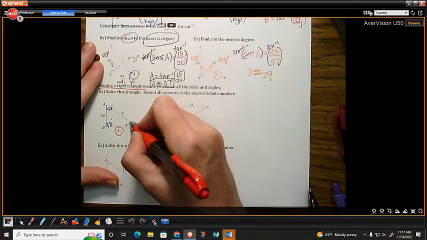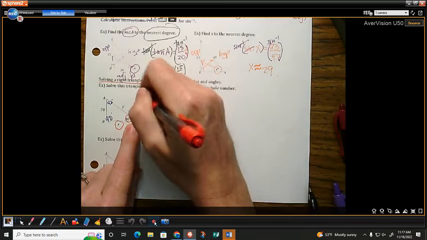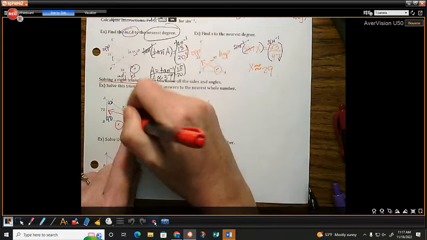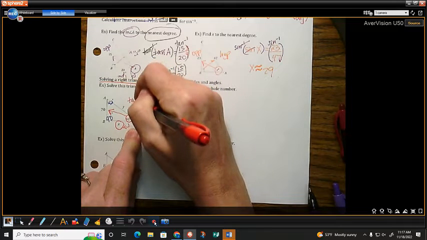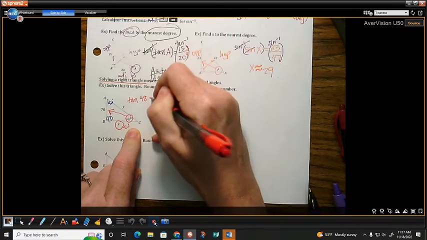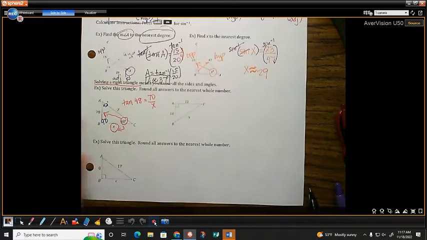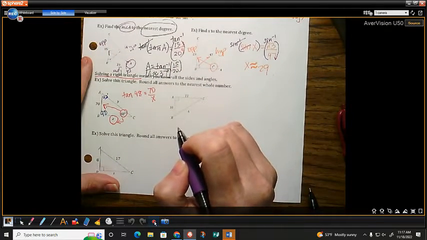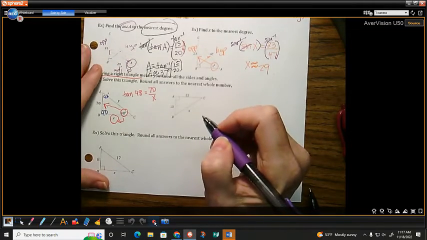So if I chose to do the 48, what's a trig function I could set up with the 48? Tangent. I'd be setting up opposite and adjacent. So the tangent of 48 would be 70 over X. But what if I didn't like that 48-degree angle? It talked bad about my brother. Could I use the 42-degree angle to find X?